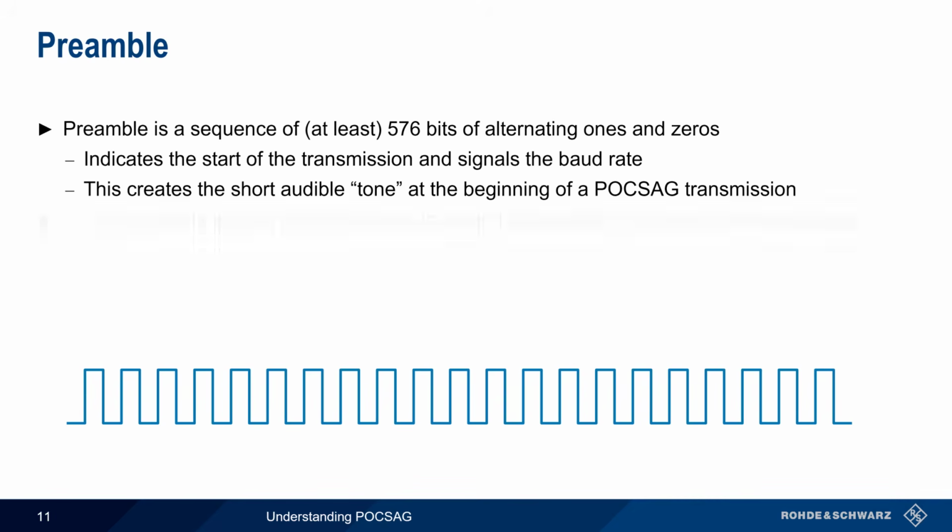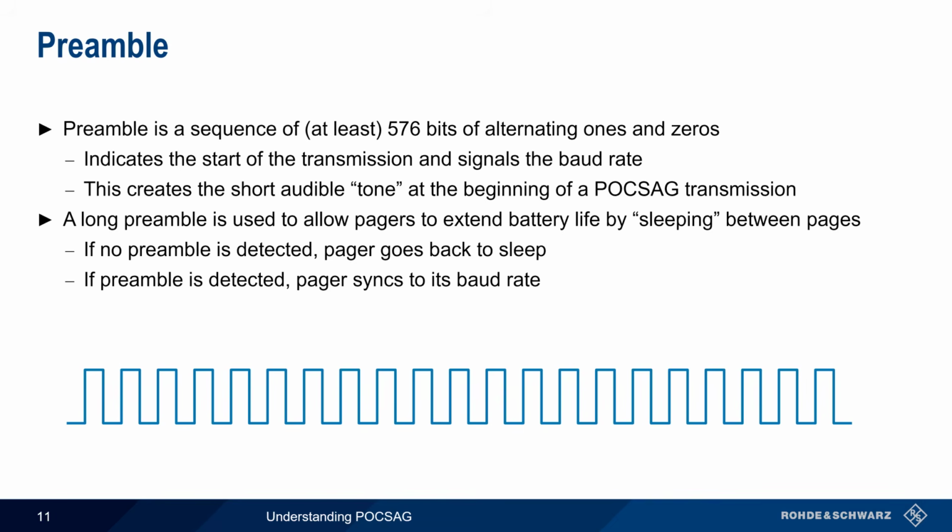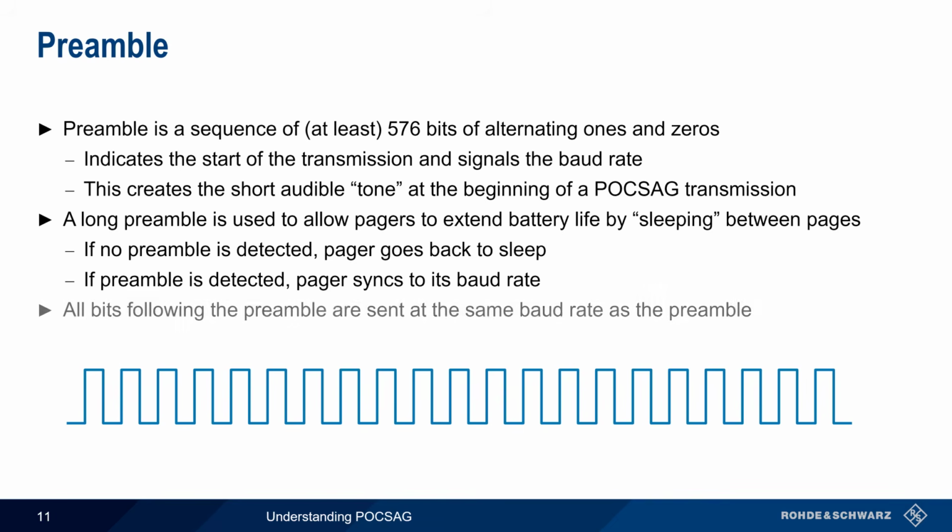One reason for using a long preamble is that it allows pagers to extend their battery life by sleeping or entering a low power mode between pages. If the pager wakes up and does not detect a preamble, it will go back to sleep, whereas if it does detect a preamble, the pager will then sync to its baud rate. All bits following the preamble are sent at this same baud rate.